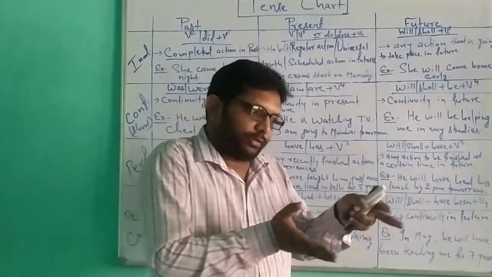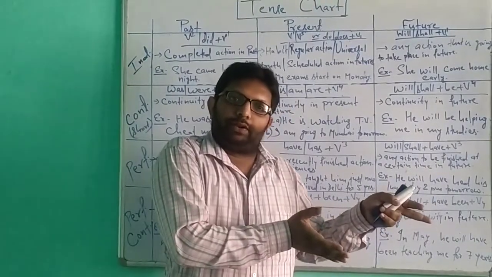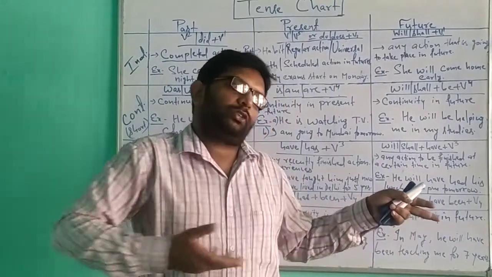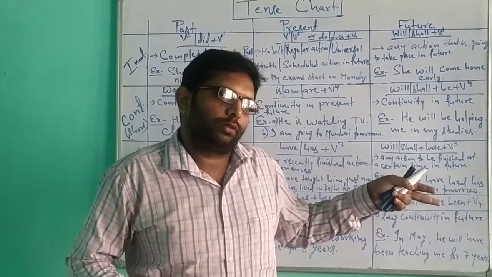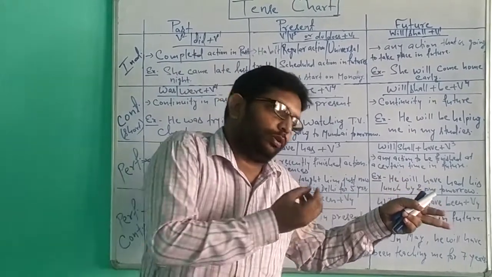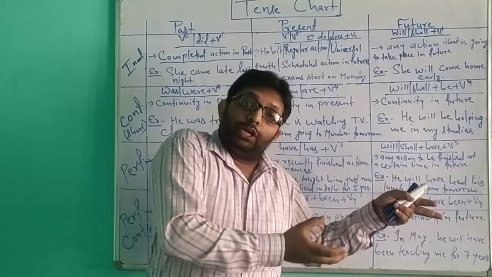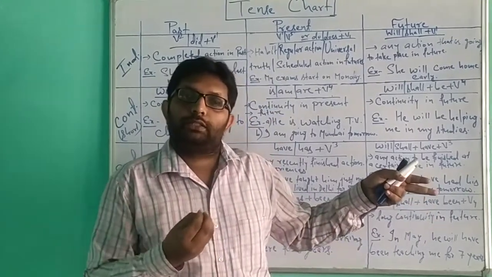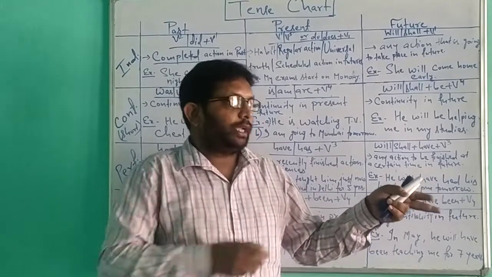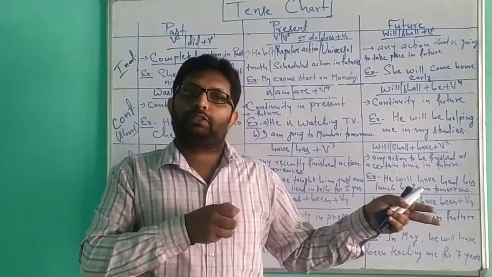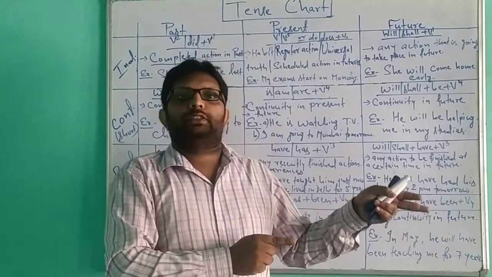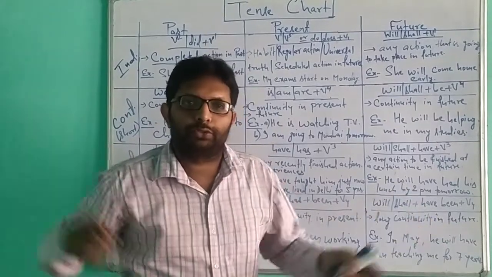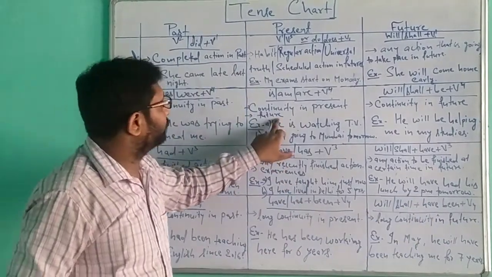It means you are still at your home, but you are talking to your friend and you are telling that I am coming to school today. You have not gone to school, nor are you doing any action at the moment. But you told your friend that I am coming to school today. Actually, the sentence is in present continuous, but the sense of the sentence is in future. So it reflects future tense.